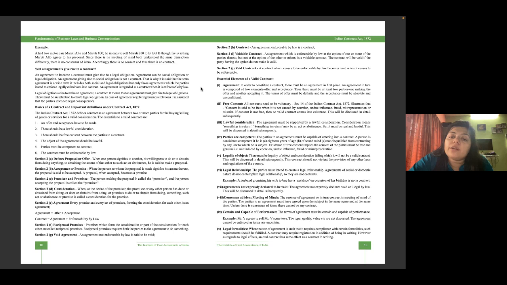Voidable contract and void contract, where voidable is a contract which can be stalled if you don't like the party to whom the particular agreement or the offer is being made. So in such cases, section 2F, section 2I, section 2J talk about the kinds of contracts that there are.